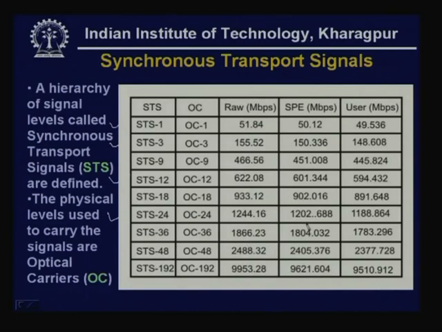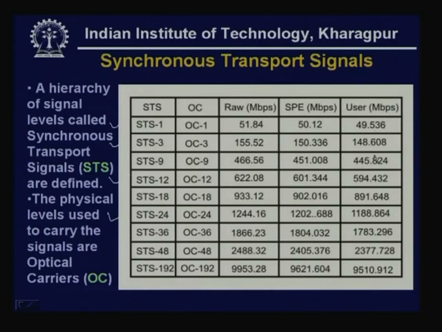First of all, as we shall see, out of this 51.84 megabits per second in STS1, the synchronous payload envelope is only 50.12 megabits per second, and out of which there is some overhead like section, line, and of course path overhead is covered here. If you exclude these overheads you get the payload of only 49.536 megabits per second.